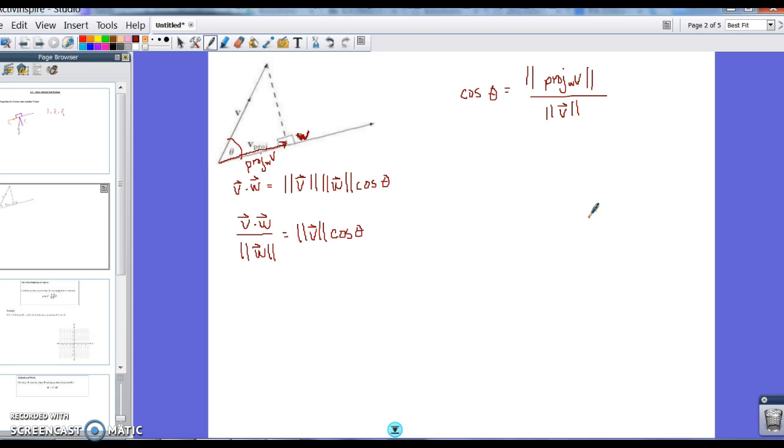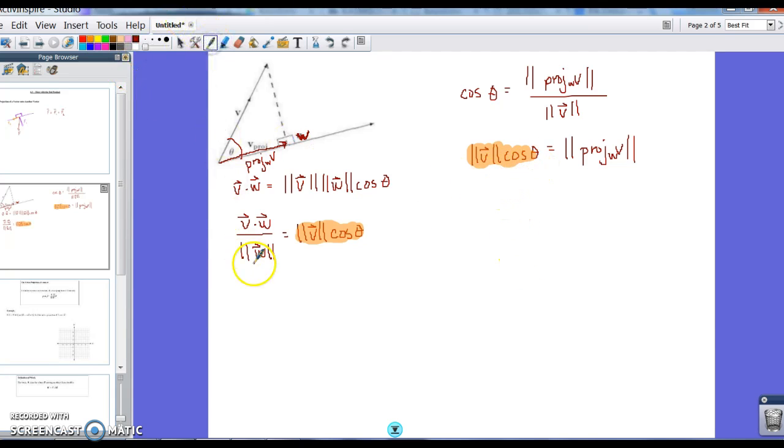If I cross multiply, I get the magnitude of V times the cosine of theta is equal to the projection of V onto W. And if you notice, that's what I have down here. So I'm going to substitute this in for the magnitude of V times cosine theta.